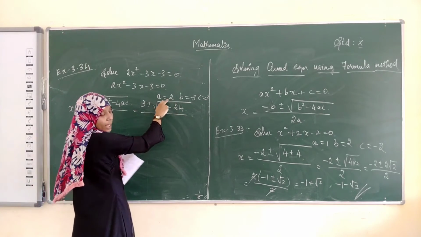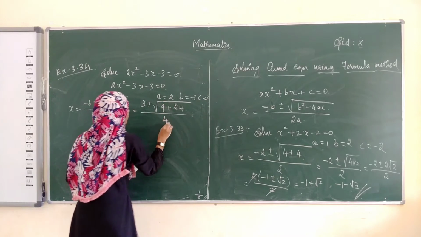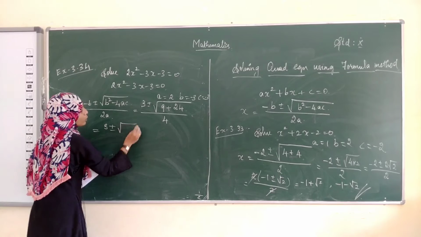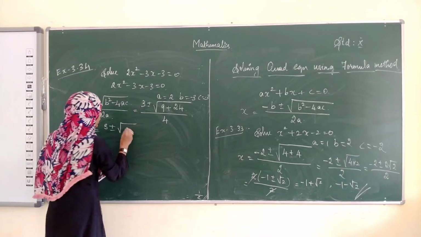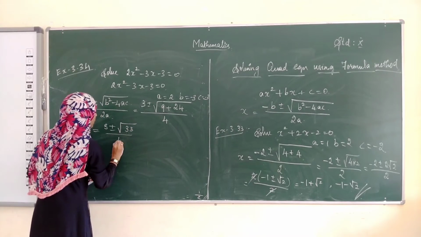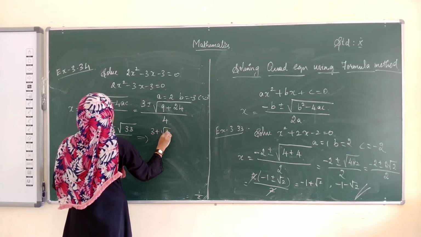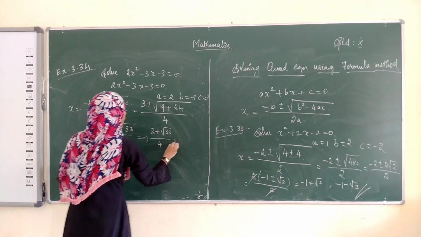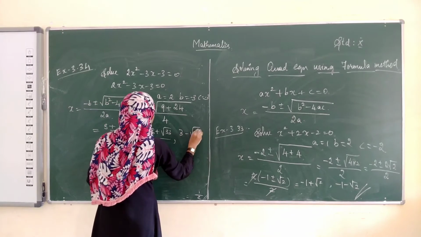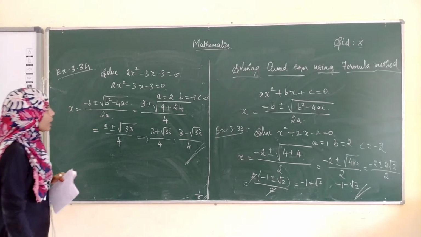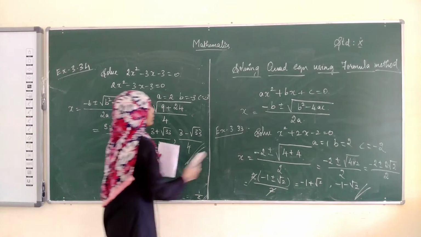The value of 2a is 2 into 2, which is 4. Now solve this. 3 plus or minus root of 9 plus 24, which is 33, divided by 4. So what are the values? 3 plus root 33 divided by 4 and 3 minus root 33 divided by 4. These two are the roots of the given quadratic equation. Okay.